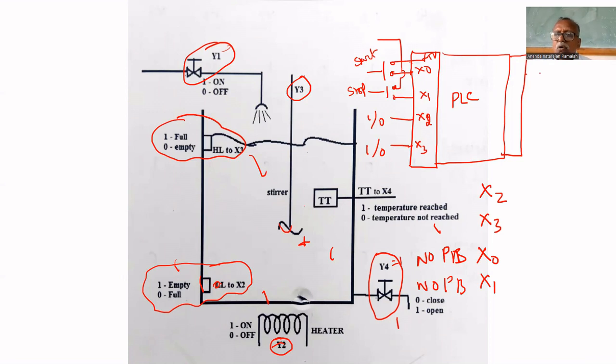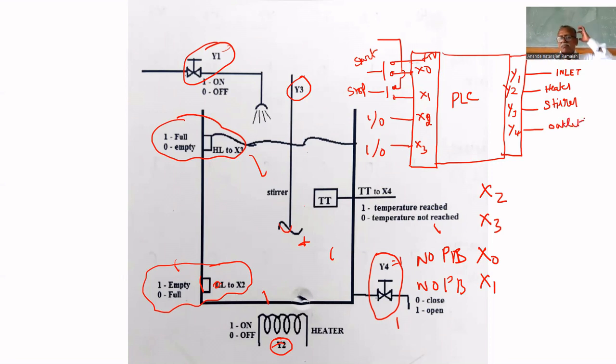Outputs. Y1 is the inlet valve. Y2 is to turn on the heater. Y3 is to turn on the stirrer. Y4 is to turn on the outlet valve.